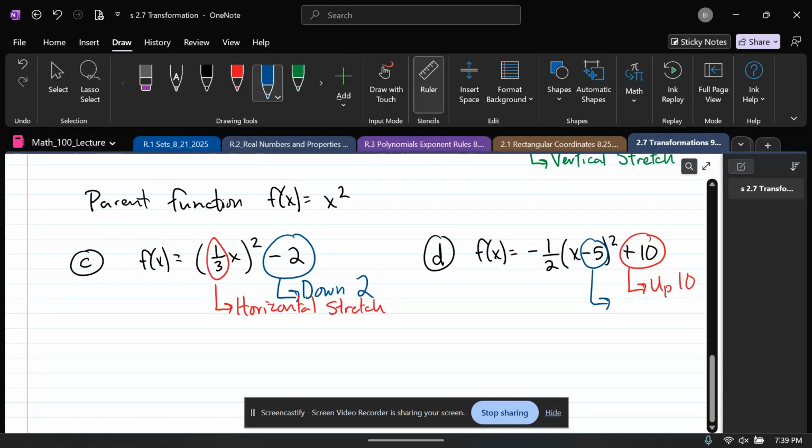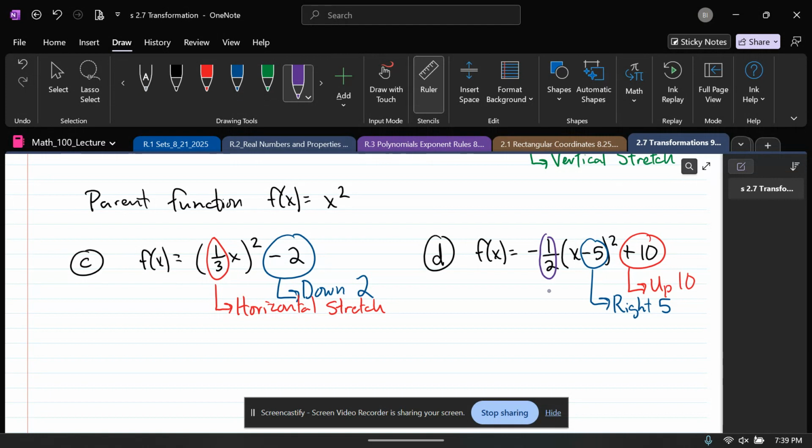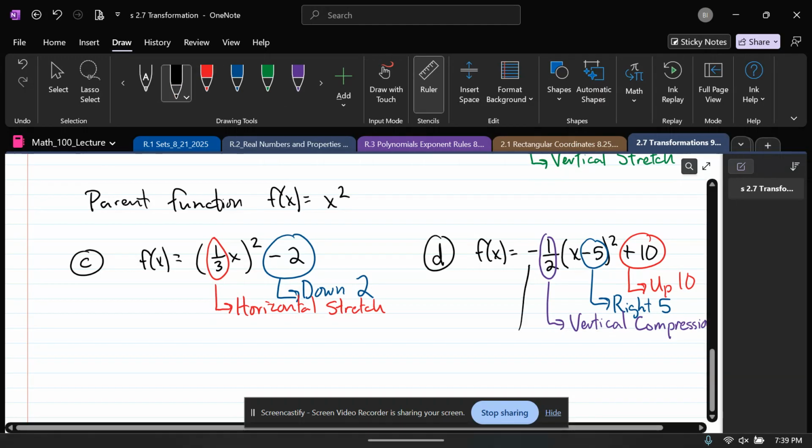Right 5. Good. Picking off the easy ones. Vertical compression, that's the 1/2 there. Reflection over the x-axis. Where'd that come from? The negative. That negative in the front there is where my reflection over the x-axis came from.